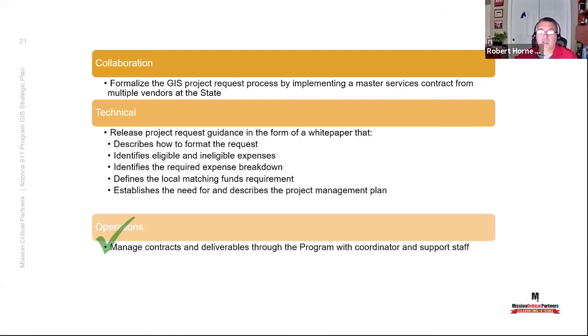The one thing we are currently doing is that the 911 program has a coordinator and is managing existing contracts, and this new master services contract will be managed in the same way. So you'll be able to make purchases off of that. Just because something is not an eligible expense for 911 funds, there will be items on that master services agreement contract that are not eligible, but the state could still add them to pass on savings to the locals through economy of scale, though they won't be reimbursed through 911 funds.